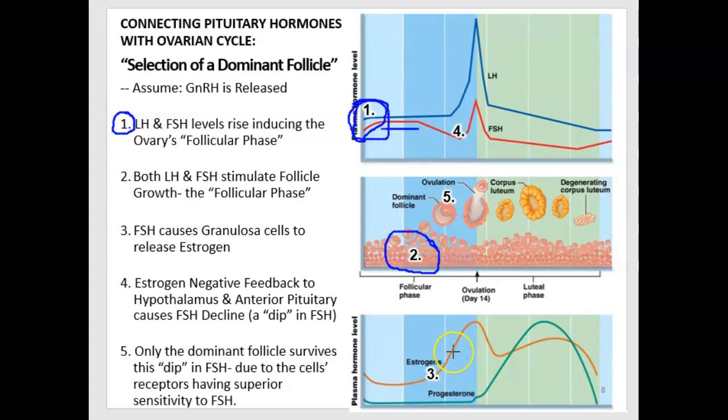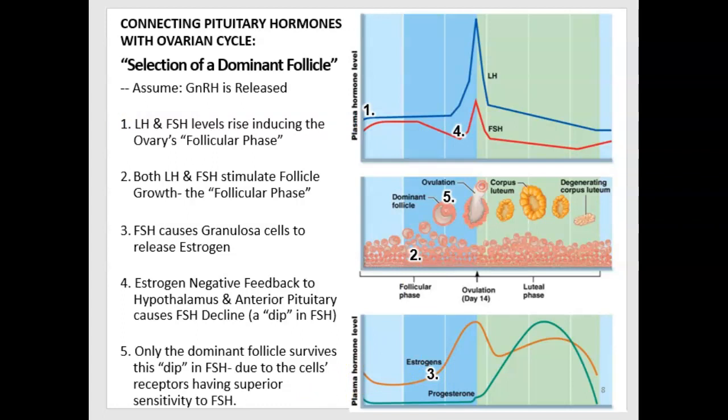FSH also causes the granulosa cells in the follicle to release estrogen. That's why we see estrogen beginning to rise shortly after we see the follicular growth phase. Now, estrogen exerts negative feedback on the hypothalamus and the anterior pituitary.